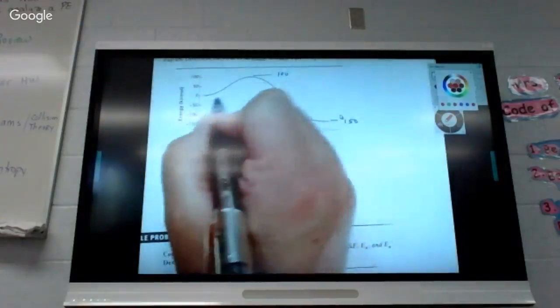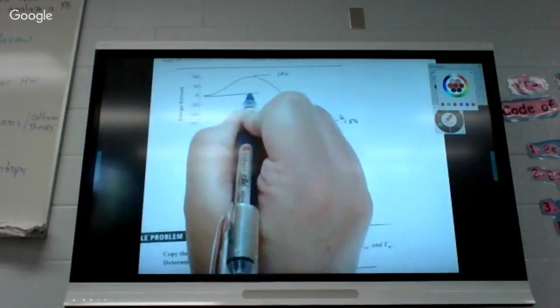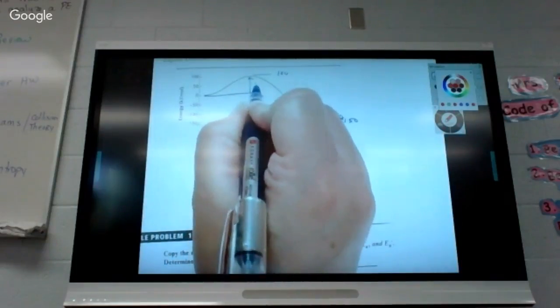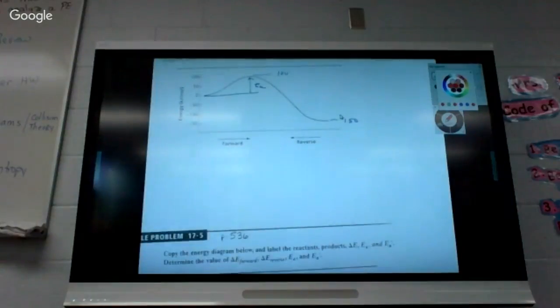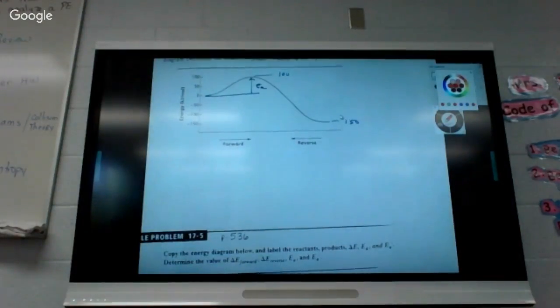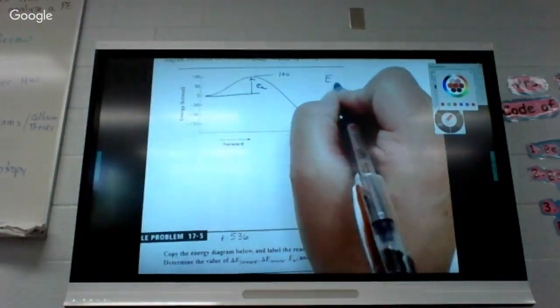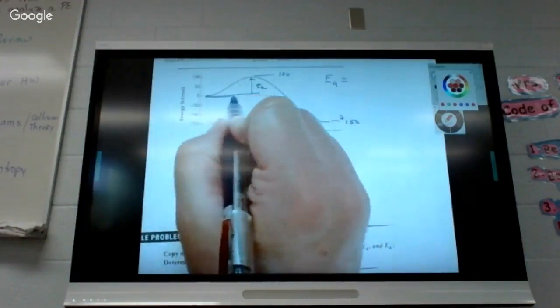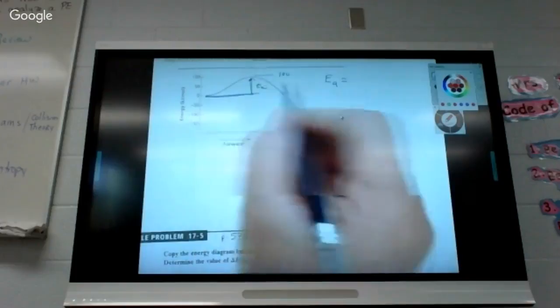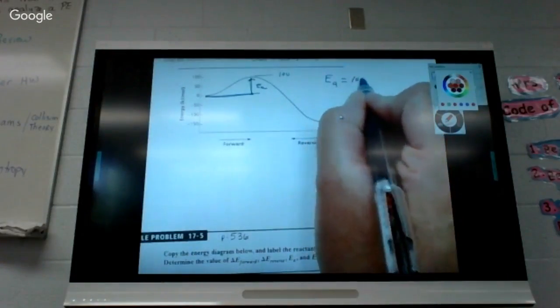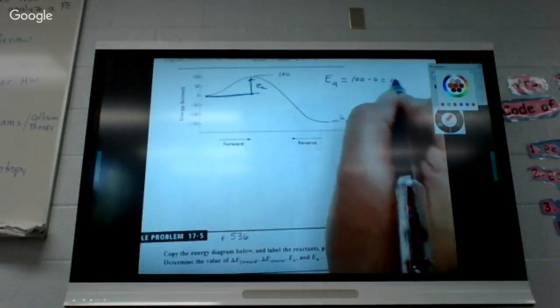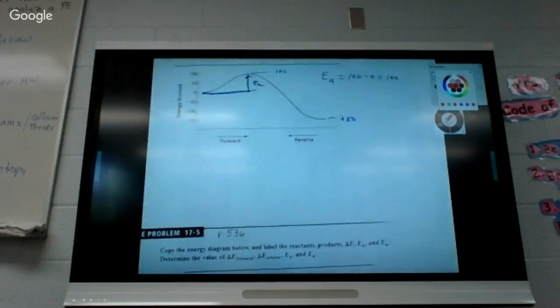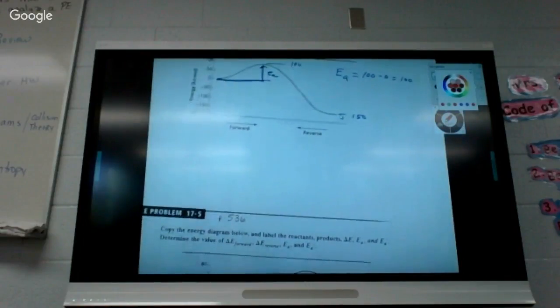Now, when you do EA, EA is here, you're going to the top. So you're going from where to where? EA is from 0 to 100. So you're going from 0 all the way up to 100. Some of you are trying to calculate 100 minus 0, and there's nothing wrong with that.